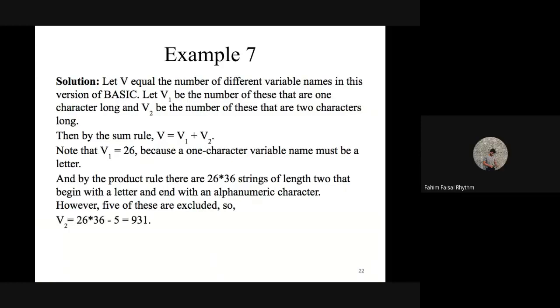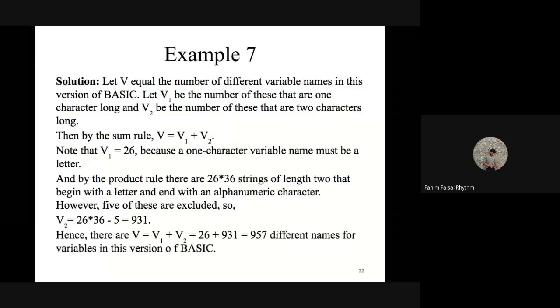Miss, I have a question. It says 5 strings, so any two combinations, we don't know how many combinations. No, I am saying that the 5 strings will not be any two combinations. 5 strings are 5 strings, right? So you told a programming language that these 5 strings are reserved for programming use, alright? You said this today, will you change those 5 strings tomorrow? No, obviously you will not do that.